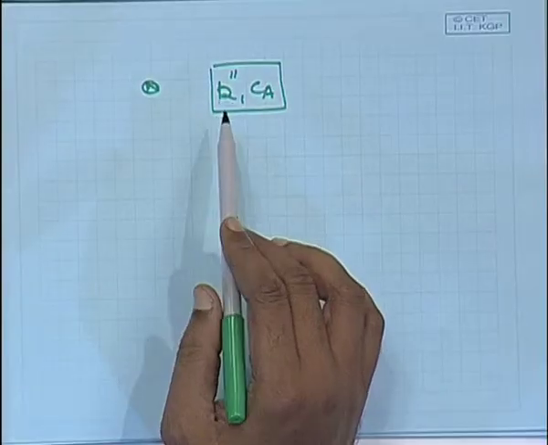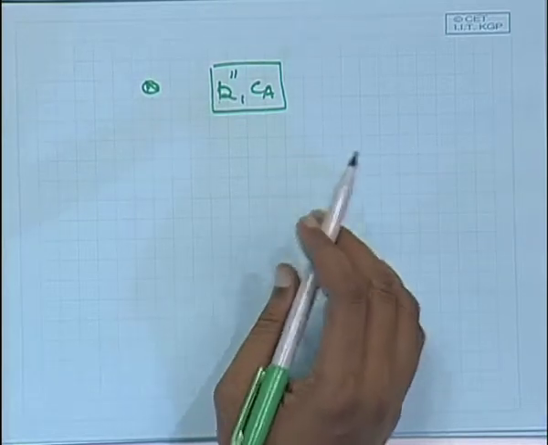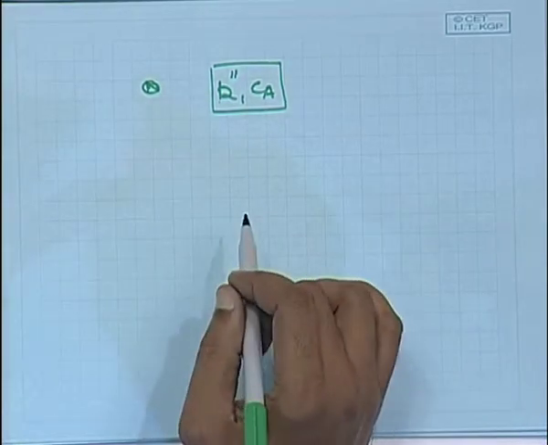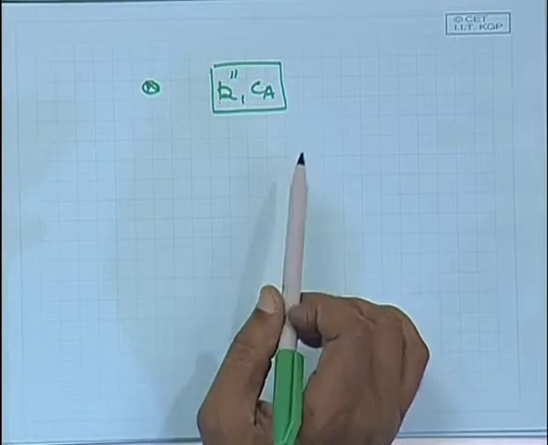Which one is true? A very fast reaction has to be K1 has to be very large. But now I am saying that K1 is finite, it is a slow heterogeneous reaction, and the reaction rate is given by K1 double prime Ca.